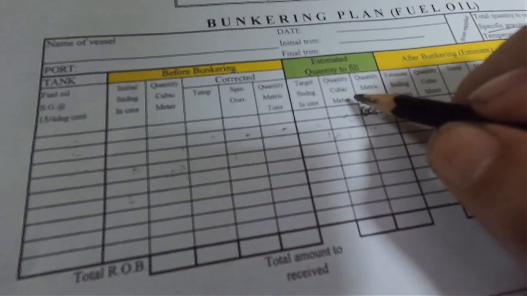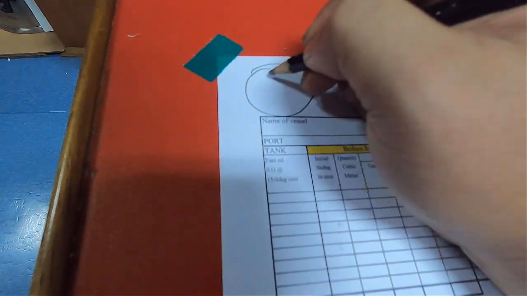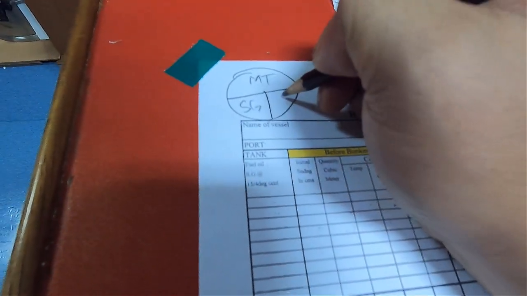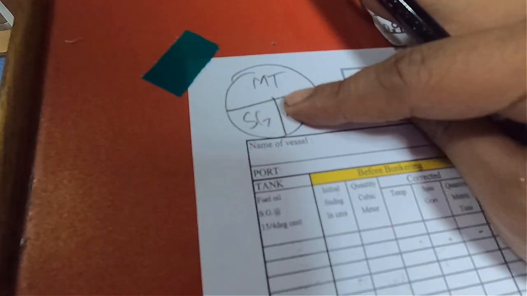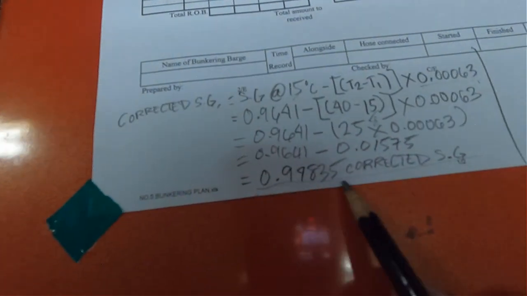So the formula for finding the cubic meter, always remember this, the magic sauce formula: SG and cubic meter. If you want to find cubic meter, you will hide this one. The two left is metric tons divided by SG. So we have metric tons, we have 60. Then the SG, we're gonna use this corrected SG.